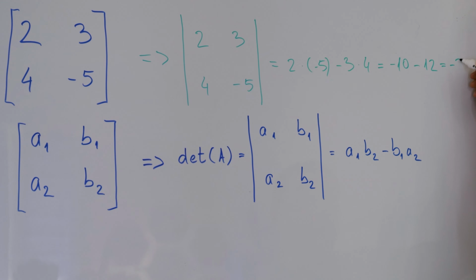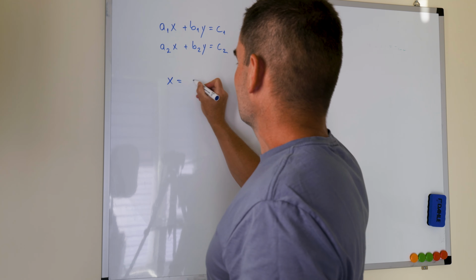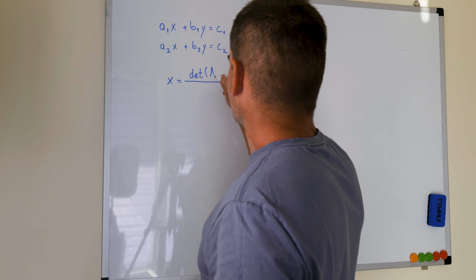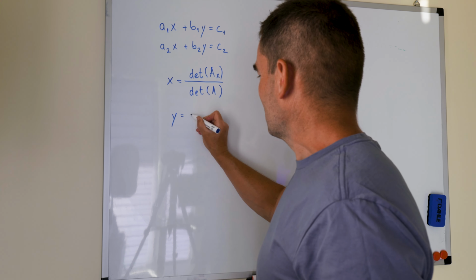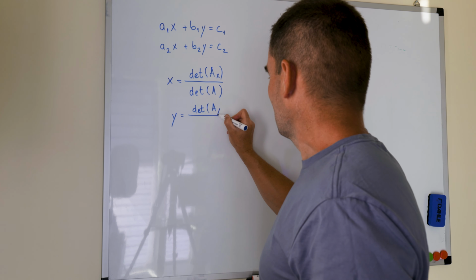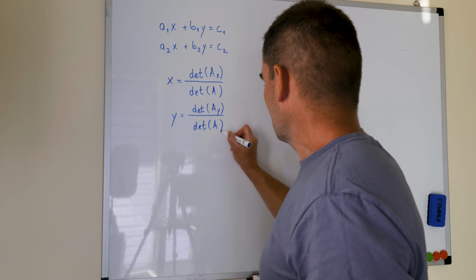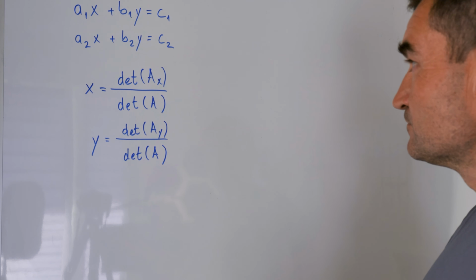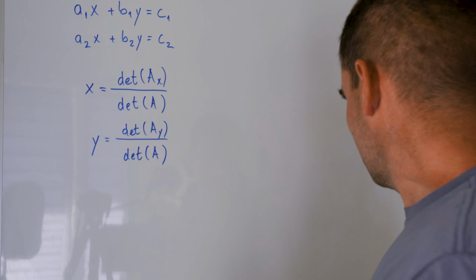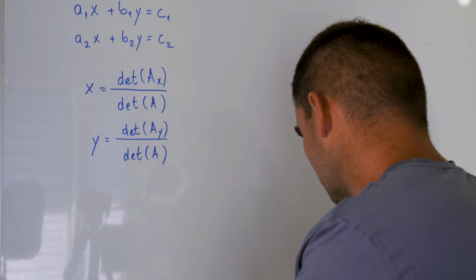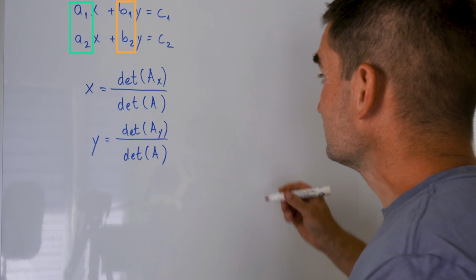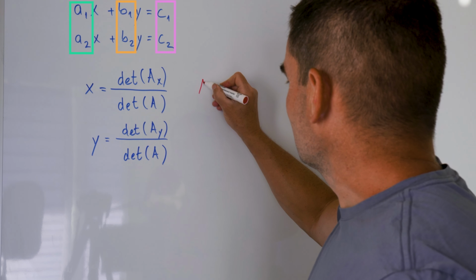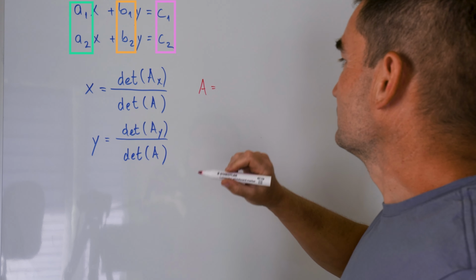Cramer's rule states that the solution for a 2x2 system of linear equations is given by x equals determinant Ax over determinant A, and y equals determinant Ay over determinant A, where A is the coefficient matrix and Ax and Ay are the matrices formed by replacing the coefficients of x and y with the constants c1 and c2 respectively.